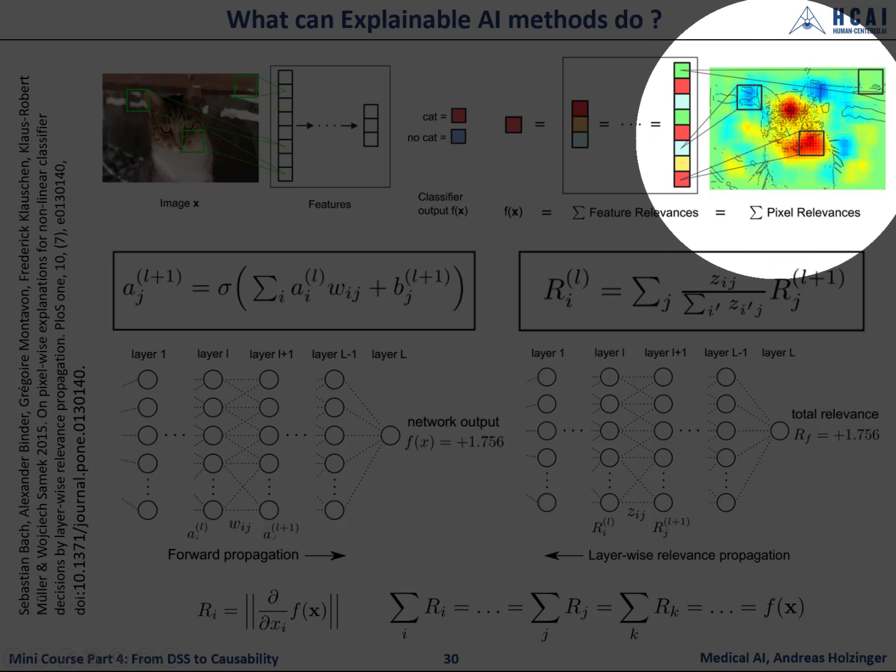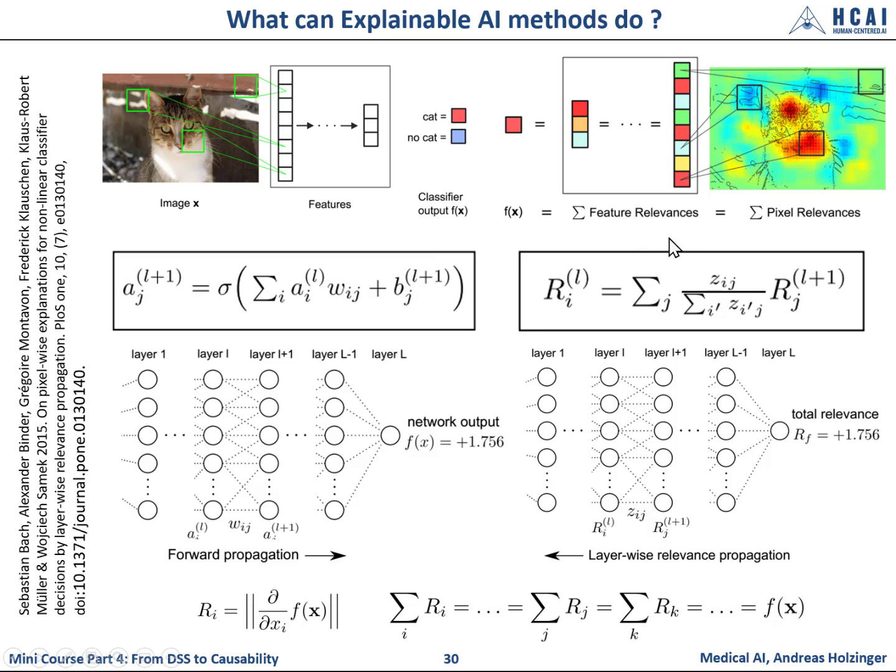And this is called layer-wise relevance propagation. Why layer-wise? Because each layer is checked like that, and the final relevance is visualized. So you see the contributions of each single layer and each single pixel to the prediction at the end. First the input image is processed by the network, and then you look from the network back.